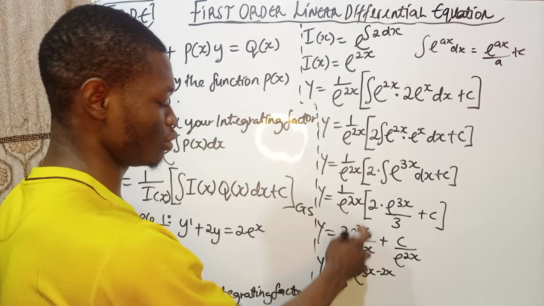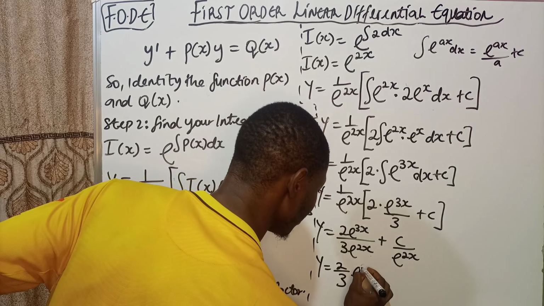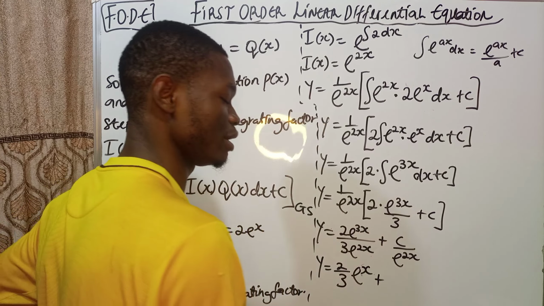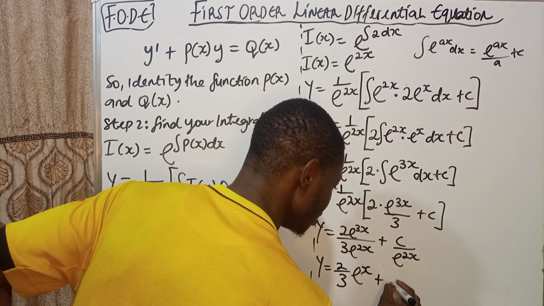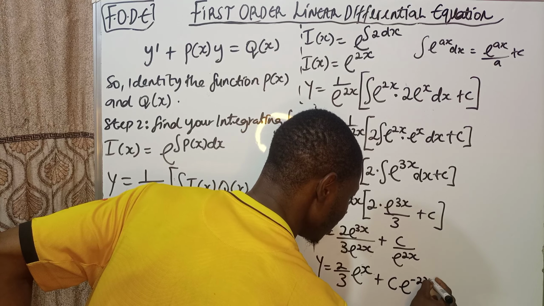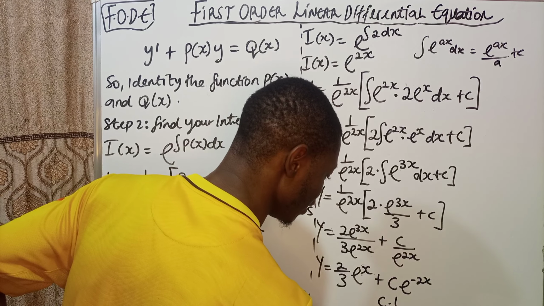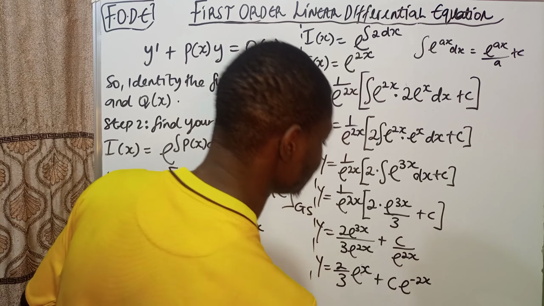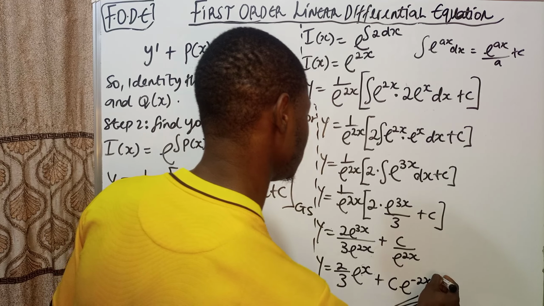Because of indices, this one will come over. So it will now be e raised to the power of x. Then plus, I think we can use negative indices here. So it will now be c e raised to the power of minus 2x. You understand? Because when you change it, it will be c times 1 all over e raised to the power of 2x. Still the same thing. So I think this is our answer.